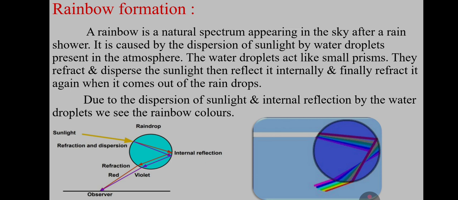First, they refract and disperse the sunlight, then reflect it internally, and finally refract it again when it comes out of the raindrop. Due to this dispersion of sunlight and internal reflection by the water droplets, we see the rainbow colors.